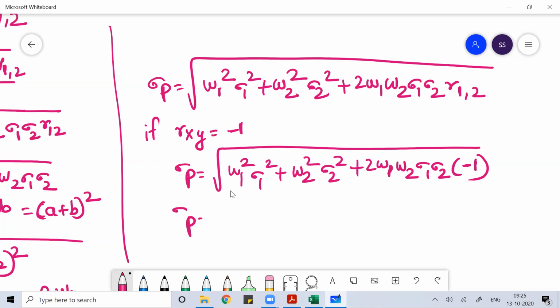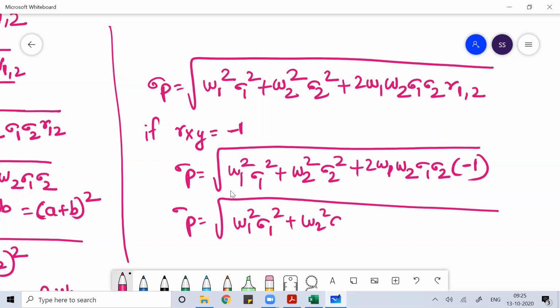So the standard deviation of the portfolio is W1 square sigma 1 square plus W2 square sigma 2 square minus 2 W1 W2 sigma 1 sigma 2.